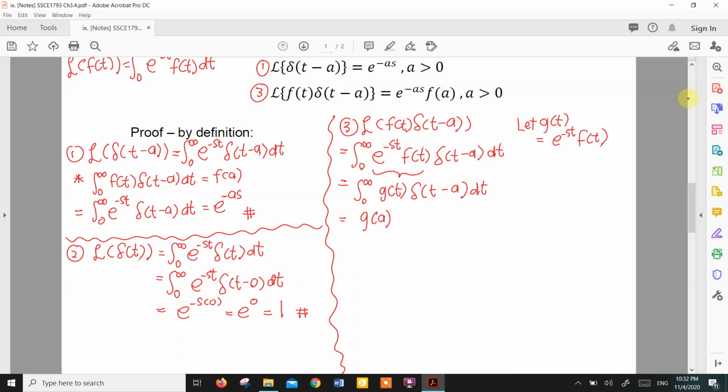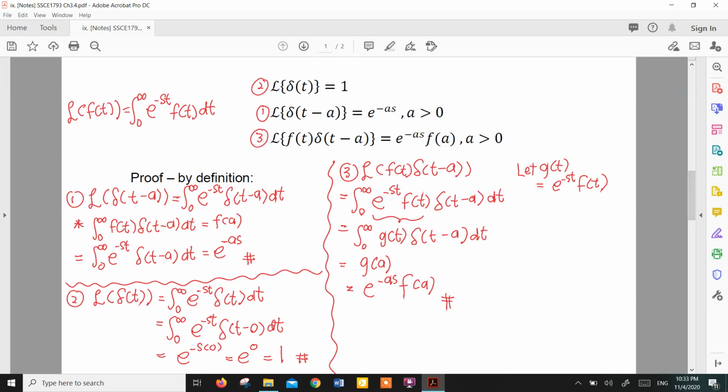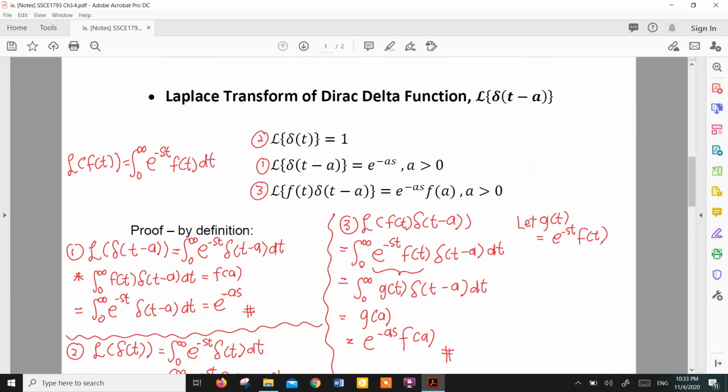So g is this function. So it is equals to e to the negative as f(a). Okay, so it is proven for the formula number 3, right? So this is the Laplace transform of Dirac delta function.